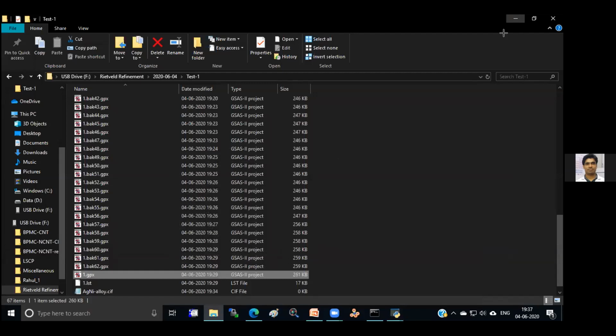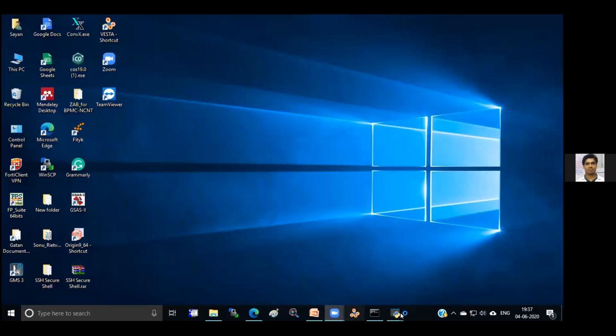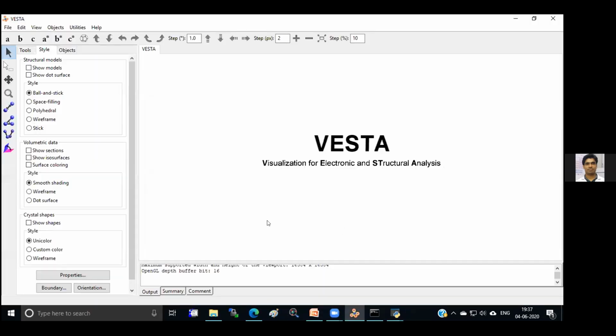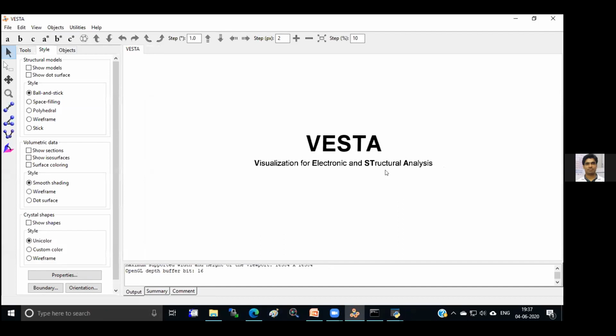Now the next part is to check the three-dimensional structure using three-dimensional visualization software like VESTA. You can use other software like Mercury or Diamond, whatever is comfortable for you.